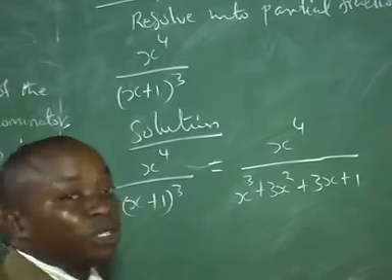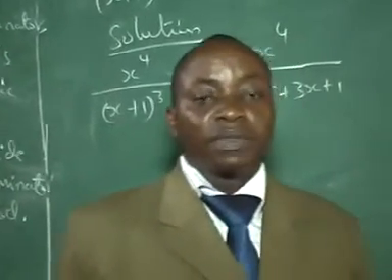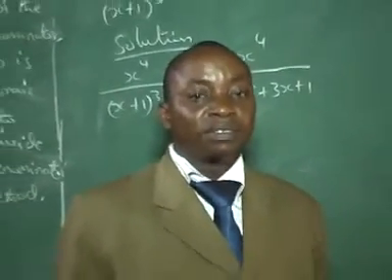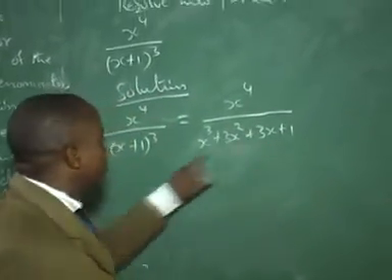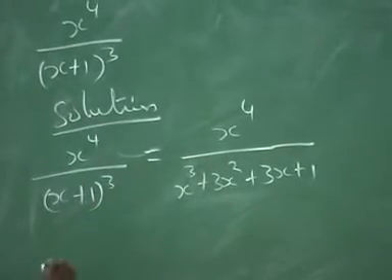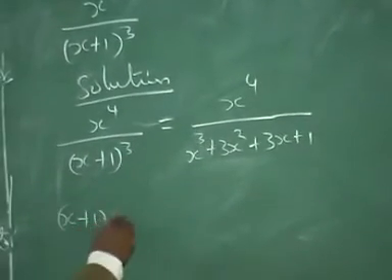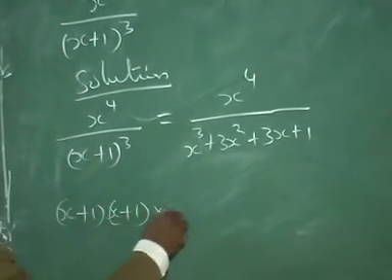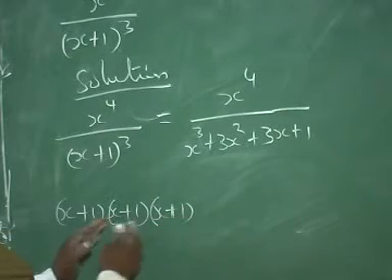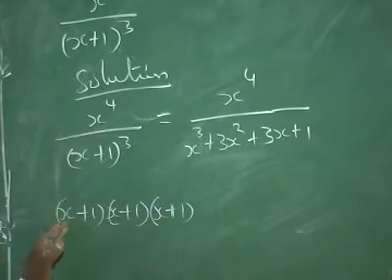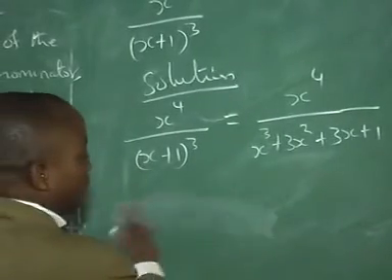You can watch our lectures on binomial expansion. You will see how we have this, because (x plus 1) cubed is the same as writing (x plus 1)(x plus 1)(x plus 1). So you begin to multiply these two first before you add this one. But if you know binomial expansion, you don't need to waste time.